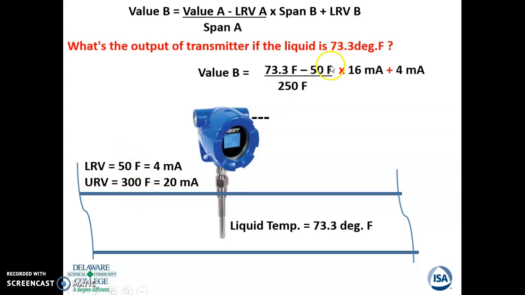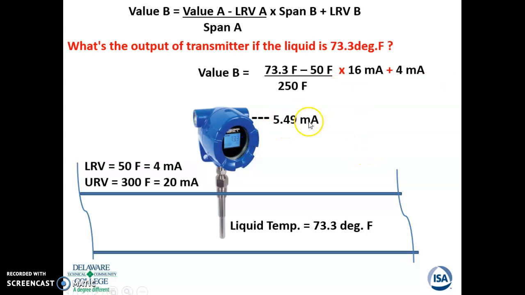So we put 50 up here: 73.3 minus 50 divided by the span, which is 300 minus 50 is 250. We do that math, multiply by 16, and then add 4. So you take 73.3 minus 50 equals 23.3 divided by 250, and then you multiply that by 16, and then you add 4. Gives you 5.49.